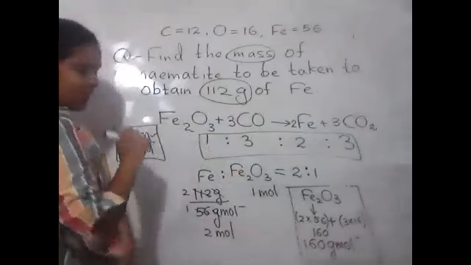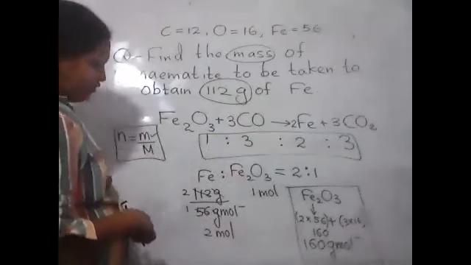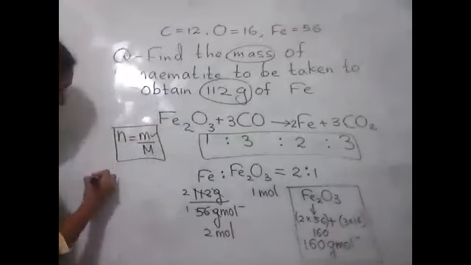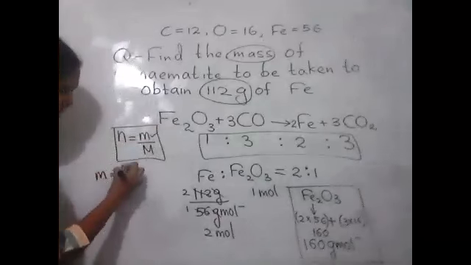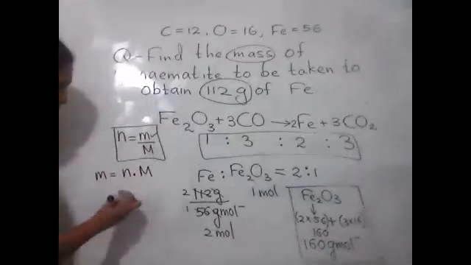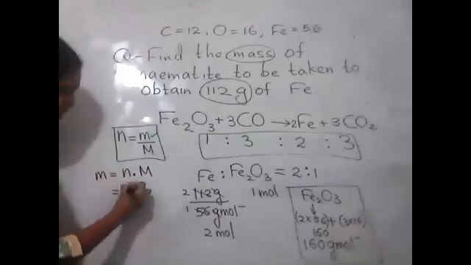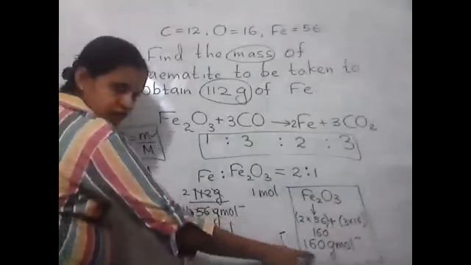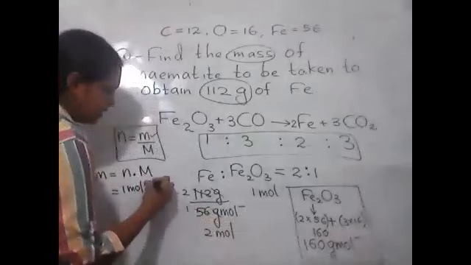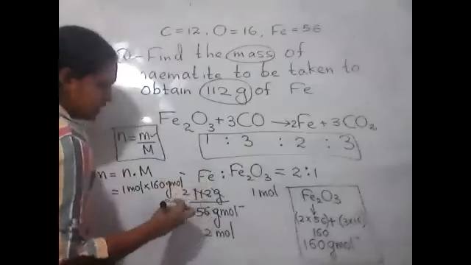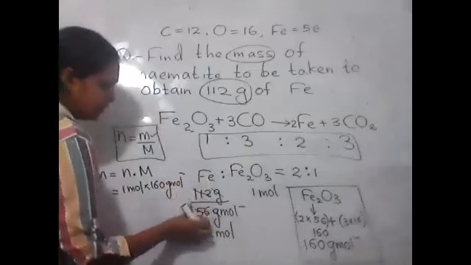Now you can find the mass of hematite. That's very easy. According to this equation, the mass is equal to the number of moles multiplied by the molar mass. So the number of moles is 1 mole and the molar mass we have found as 160 grams per mole.